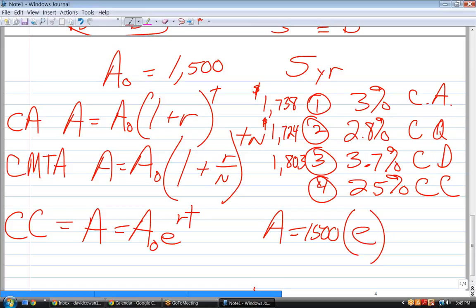So E and then the rate would be 0.25, right? Thinking for a minute what it should be here. This is the correct equation, right? Yeah. Okay. E to the RT, so it's got to be E to the 1.025 times 5.